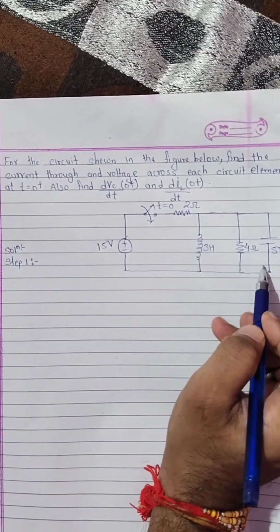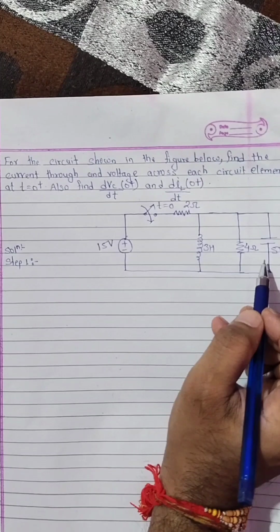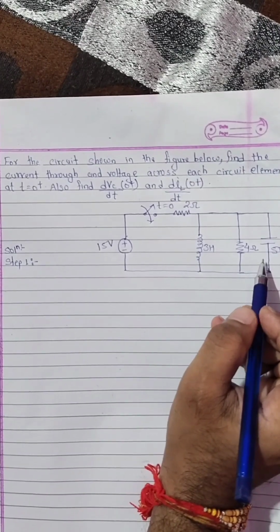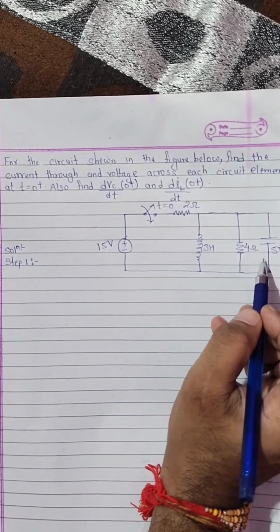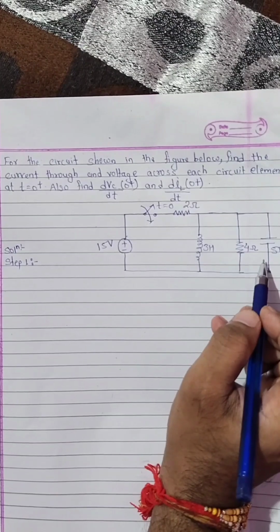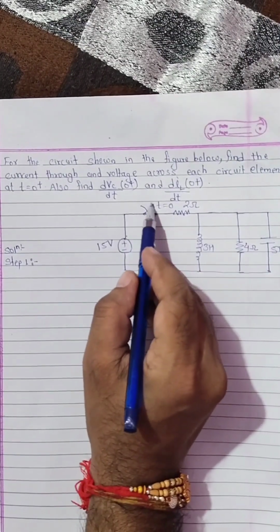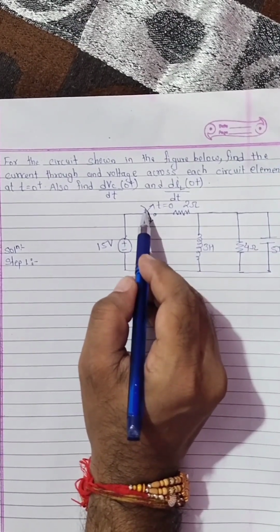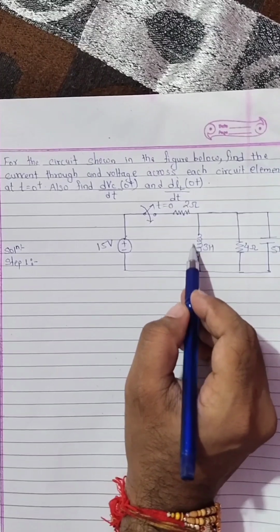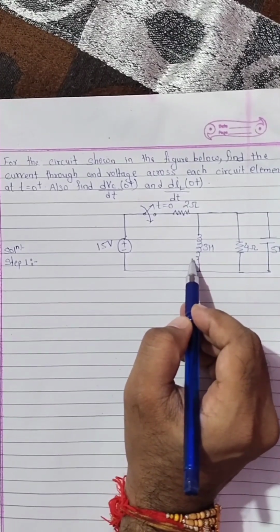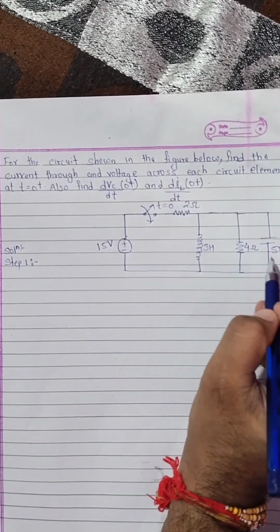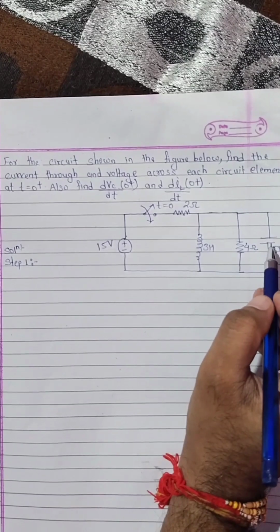If there is no current in the capacitor, it won't charge, and there won't be any voltage across the capacitor.